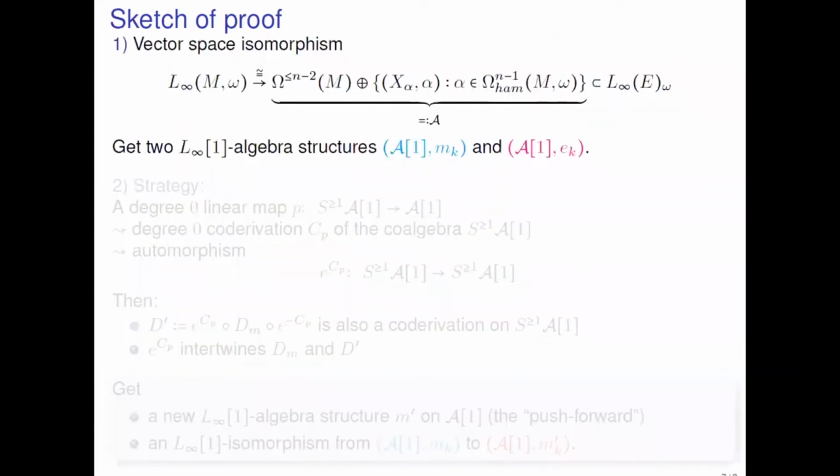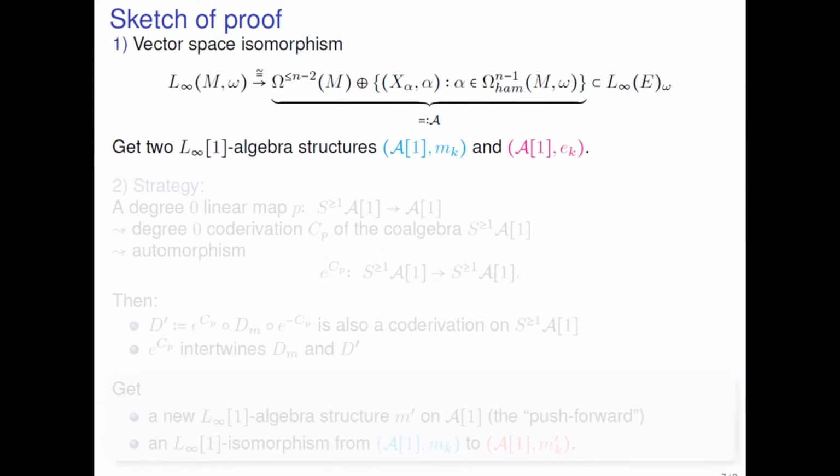I should also mention that most of the work was done by my student, Anton. Most of the computations, and he also understood an approach that is better than just Cartan calculus. So step 1, that was actually known earlier too. We have these two spaces, the L infinity algebra of observables here, the other one here.